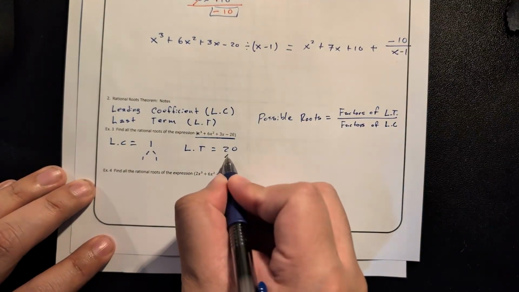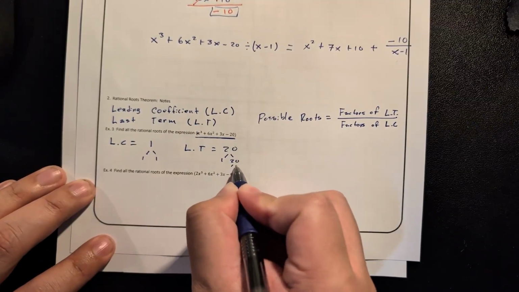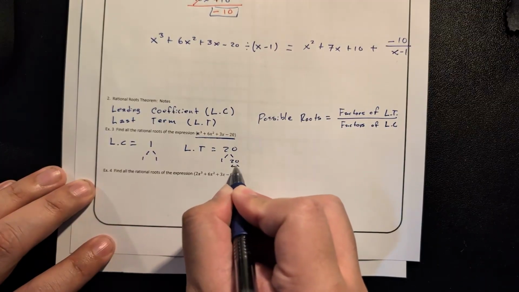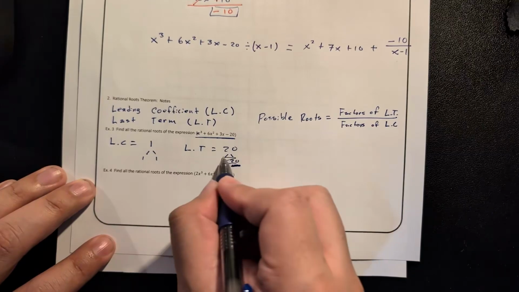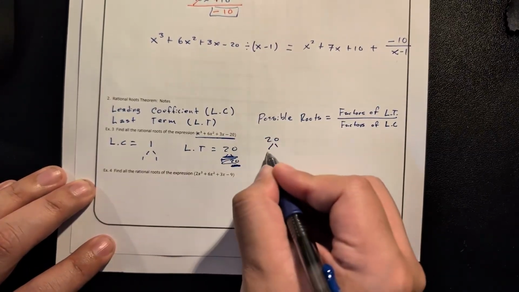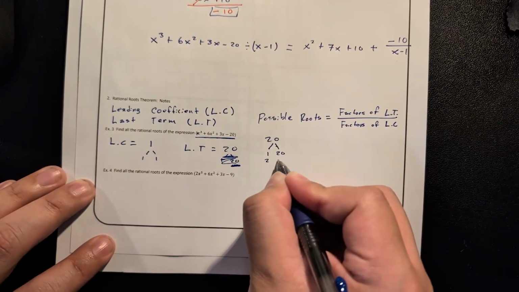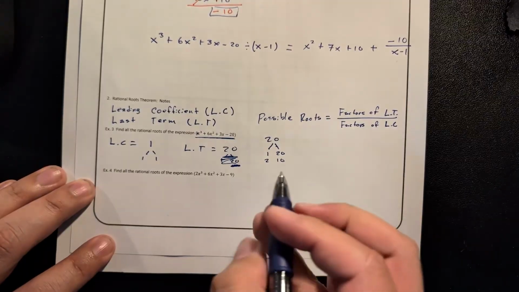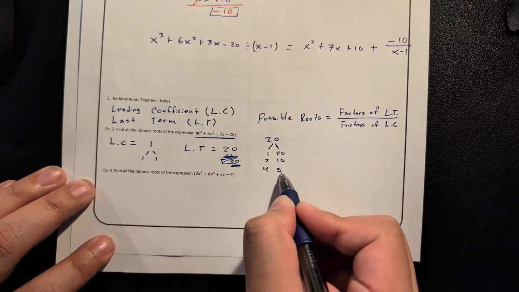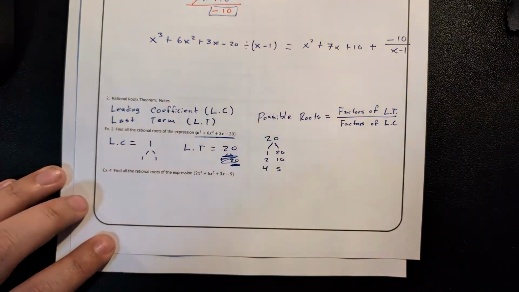And if we break this down, actually, let's do it this way. I need a little bit more space. So 20, 1 and 20, 2 and 10, and 3 doesn't go into 20, 4 and 5, and then 5, 4, and then we'll go back up.